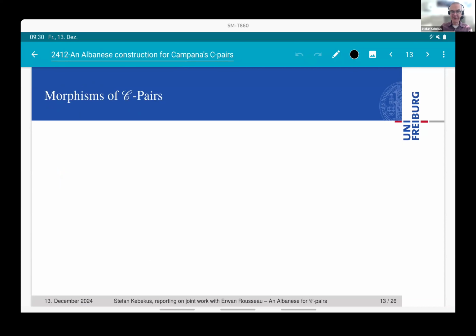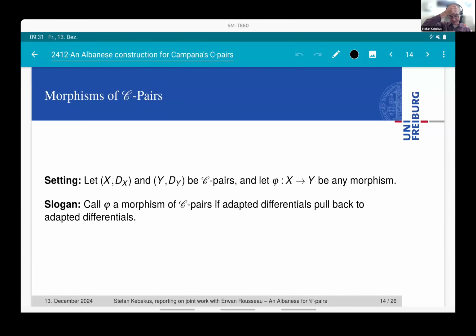Next is morphisms of C-pairs. The notion of morphism that we would like to propose is, in a sense, the most simple and the most natural you can look at. So we have two C-pairs. We have a morphism between the underlying complex spaces, and we ask ourselves, when would we like to call such a morphism phi a morphism of C-pairs?